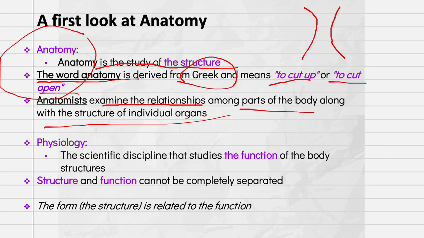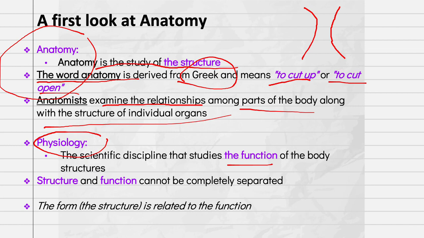After knowing how the structure looks and where it is located, like after knowing anatomy, we need to know what it does, what is the function of that part or organ of the body. And the function comes under physiology. So physiology is the study of the function of body structures, organs or tissues.